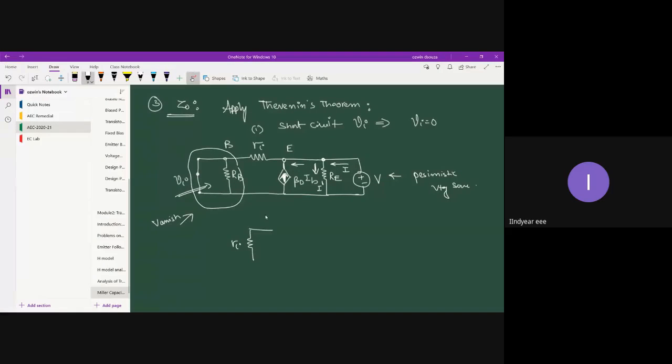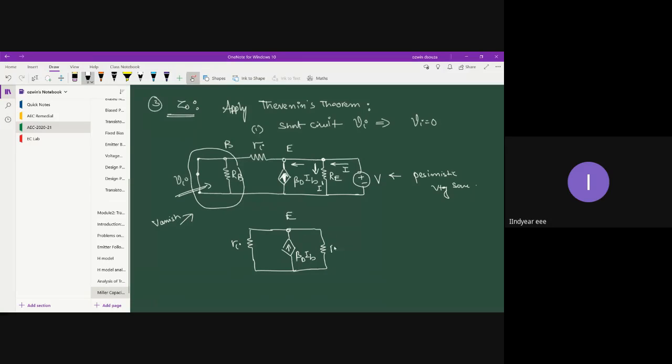I'm just shifting it here, and then the emitter terminal, and then this resistor. See, this emitter current we have simply replaced with beta D times IB. Strictly speaking, it should have been 1 plus beta D times IB, but for reference we have taken it as beta D times IB.